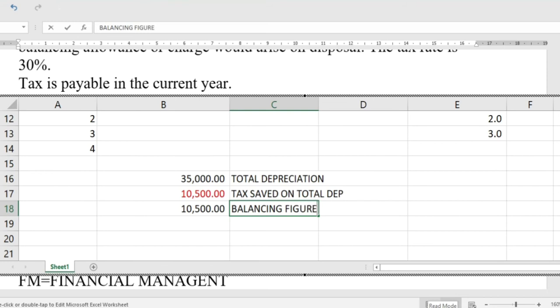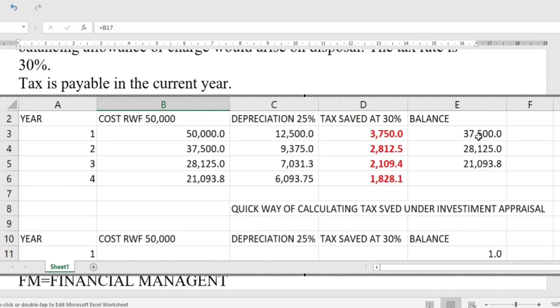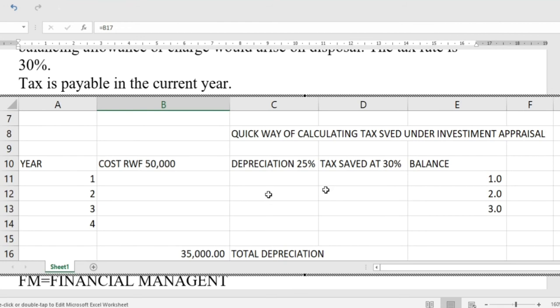Where do we use it here? We will be using it for the last year. For the last year, we will take this amount minus the summation of what we obtained here.